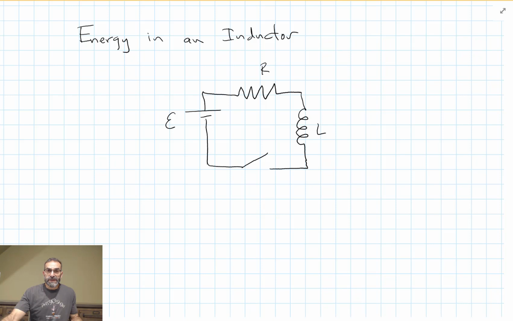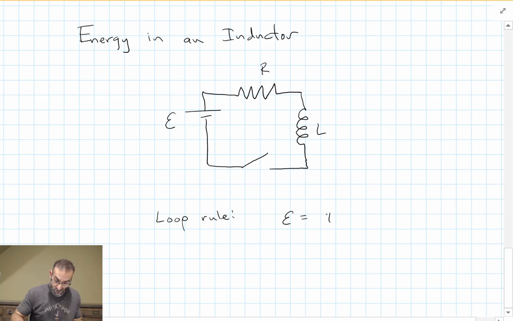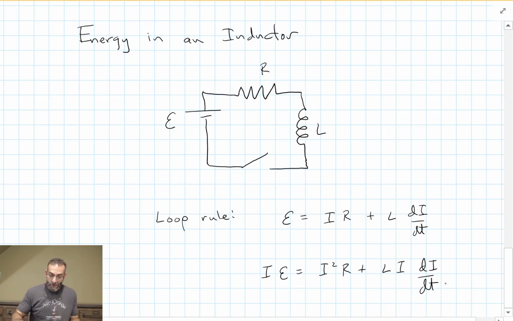Let's take a look at the energy stored in that inductor. We want to be able to quantify that. If we do our loop rule, now if we multiply this equation through both sides by I, let's see what we have here.